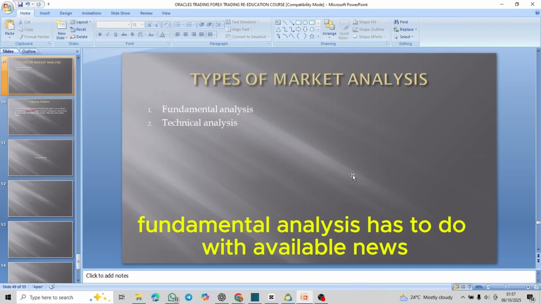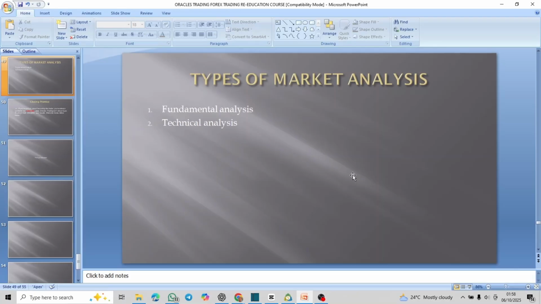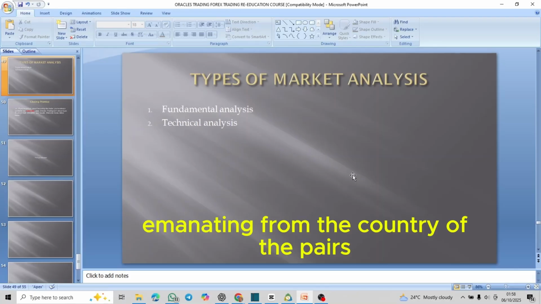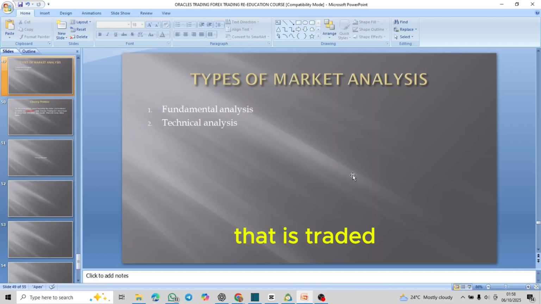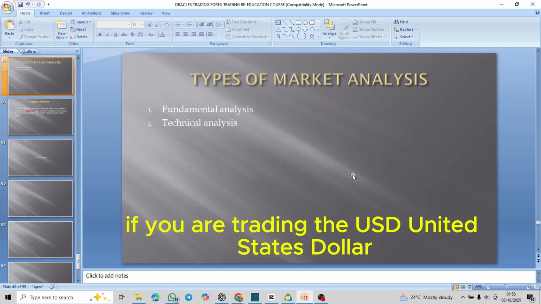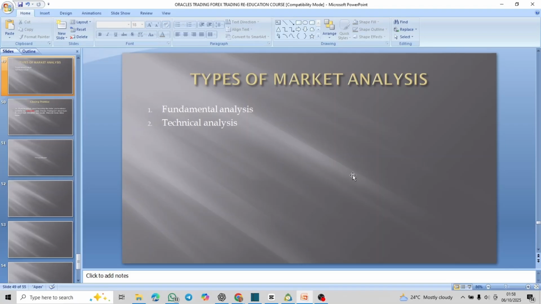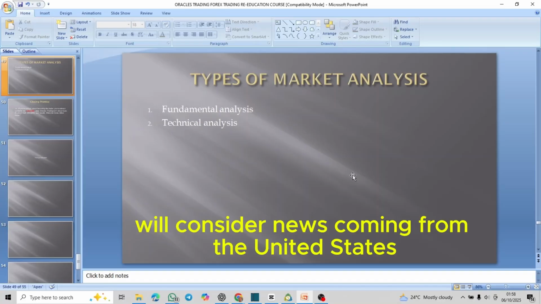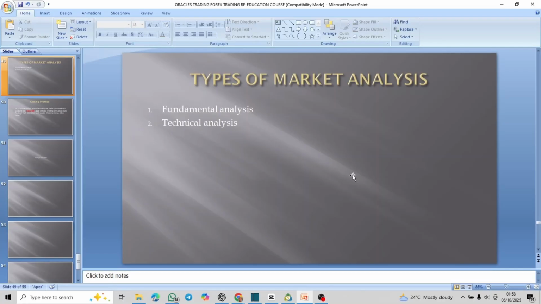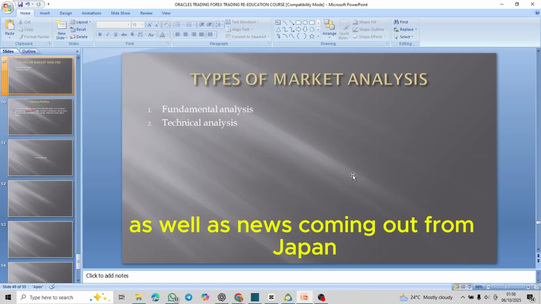Fundamental analysis has to do with available news emanating from the country of the pairs that is traded. For instance, if you are trading the USD, United States dollar, against the Japanese yen, then the fundamental analyst will consider news coming from the United States as well as news coming out from Japan.